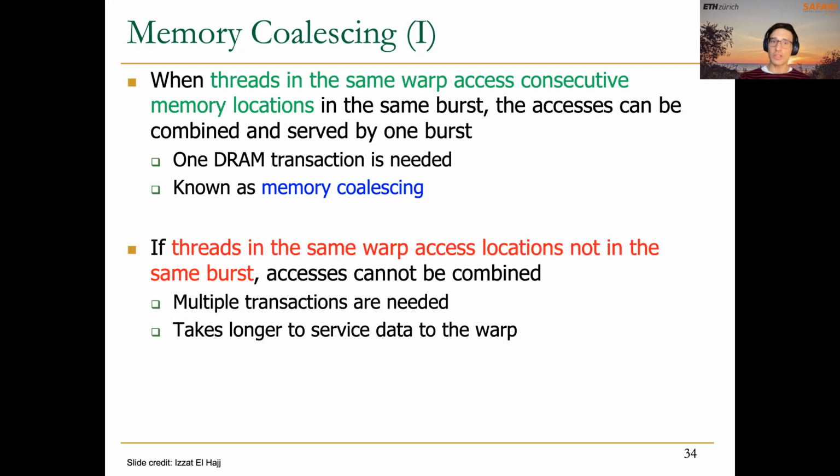However, if threads in the same warp access locations that are not in the same row, the accesses cannot be combined. So multiple transactions are needed, and it takes longer to serve the data that the warp needs. And that's what we call memory uncoalescing or memory divergence.